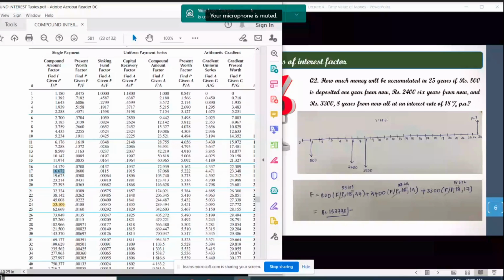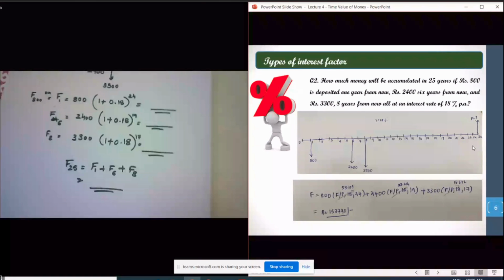Any confusion here? Sir, for our reference, what is an acceptable error difference between the two answers? In some cases it will be 50 rupees, in some cases 100, but what we generally see is whether you have used the right nomenclature. When the question is given, first we see whether you have written the equation correctly.